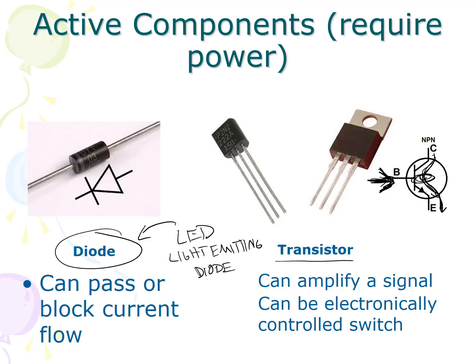If you don't put a lot of power there, you have a little bit of power flowing through the transistor. But if you put a lot of voltage and current there, it opens the valve very wide, and it can allow a lot of power to go through. So it can also act like an amplifier. This is also used to amplify signals.